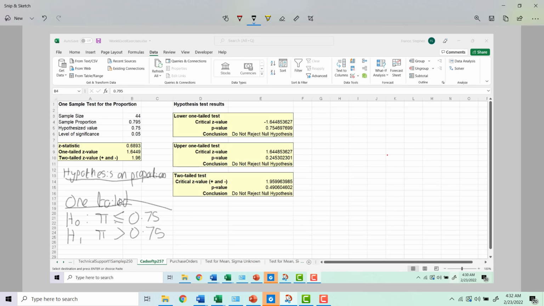And of course, we might also see if it was less than 75%, so we could also have it in the other direction, H1, testing that it's less than 75%.